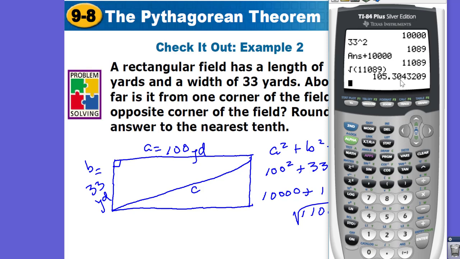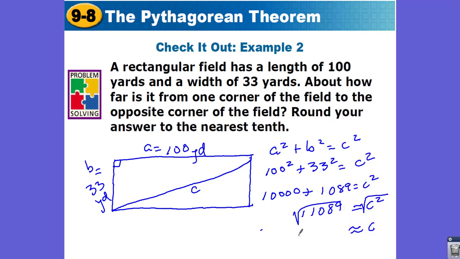The problem says round to the nearest tenth, so we look at the hundredths place. The 0 is not big enough to do anything to the 3, so our answer is just 105.3 yards long. Okay, now that's how we do the Pythagorean theorem.